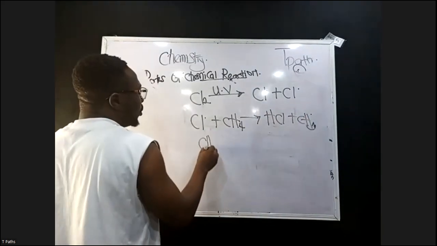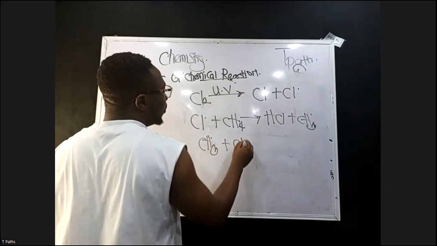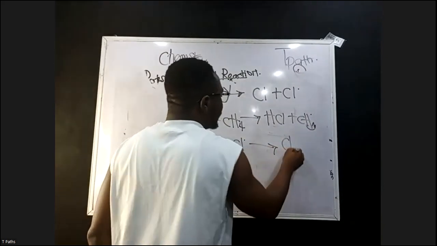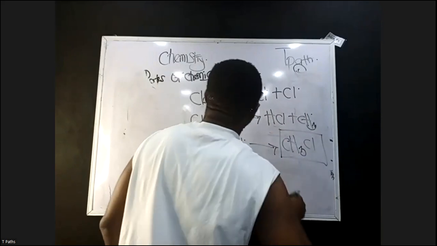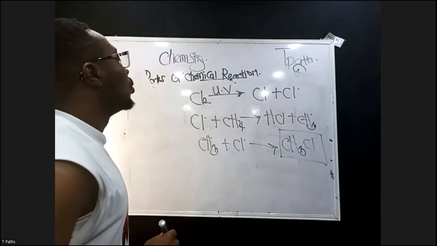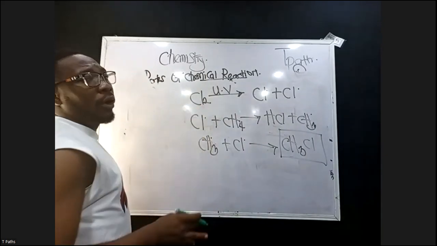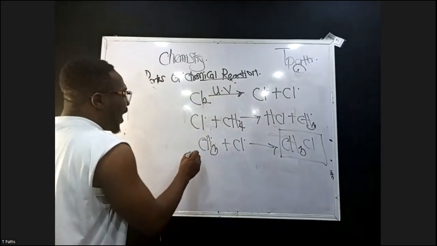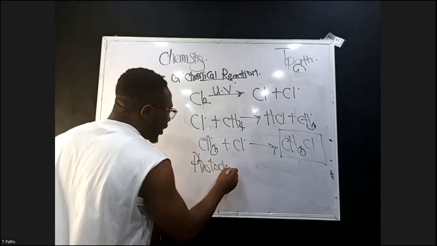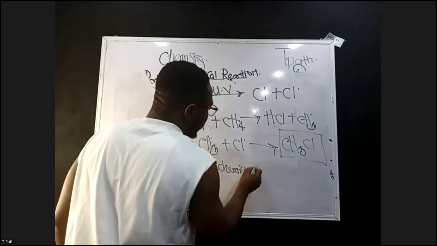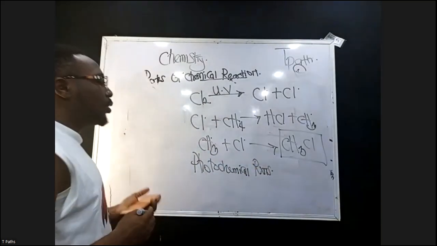And CH3 dot plus Cl free radical will give us CH3Cl. So we have formed a product through a UV reaction. This type of reaction is very popular. Reactions that involve using UV light are most times called photochemical reactions.